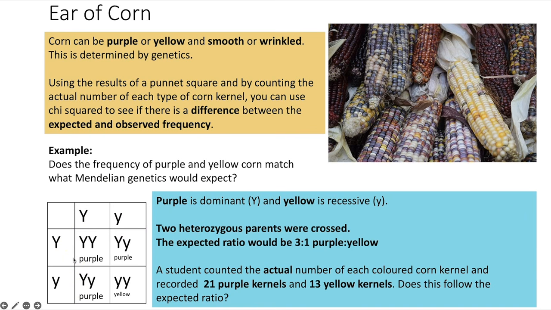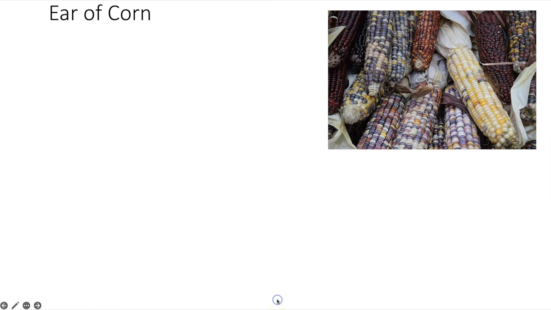This is just dihybrid, simple genetics. There's no autosomal linkage. And the expected ratio is 3 purple to 1 yellow. So that is our expected ratio. And we're told that a student then counted them and they had 21 purple kernels and 13 yellow kernels. Does this follow the expected ratio?